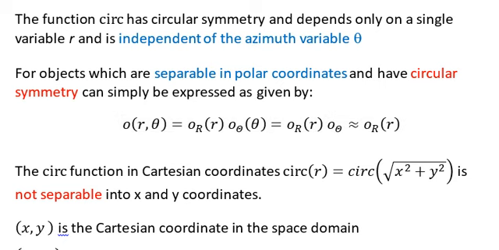One is O subscript capital R, a function of r. The other is O subscript capital Theta, a function of small theta. So you see that we have separated this small o into two, O_R and O_Theta.